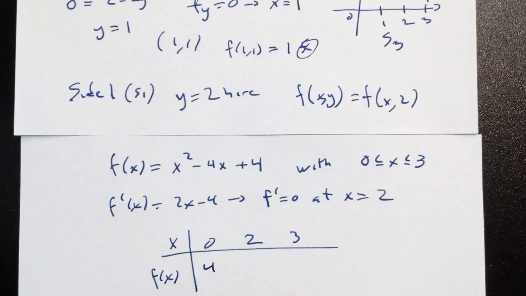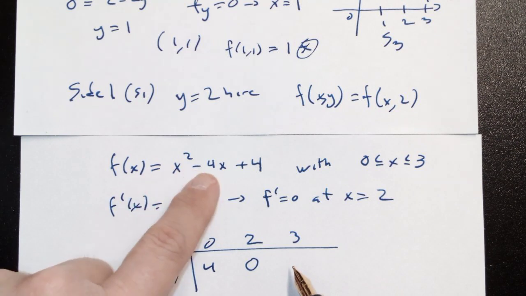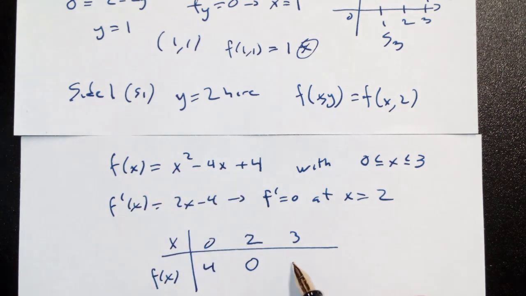When you put in 2? What happens when you get 3? Nine minus 12 is -3, plus 4 is 1.